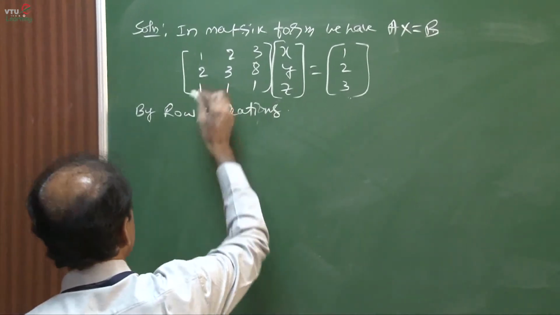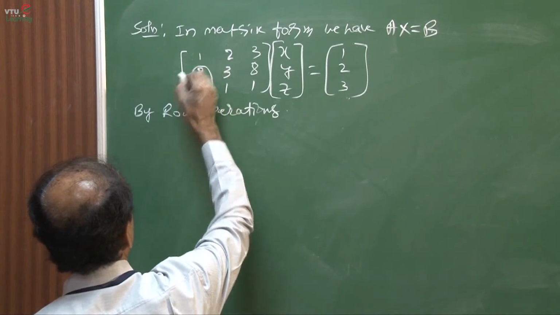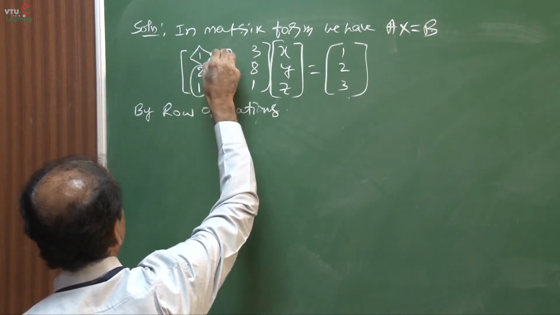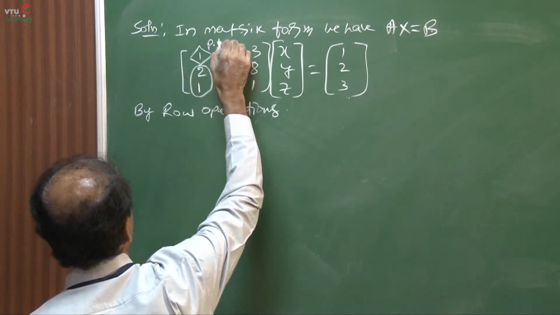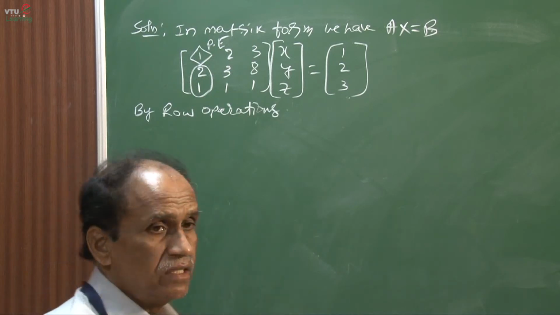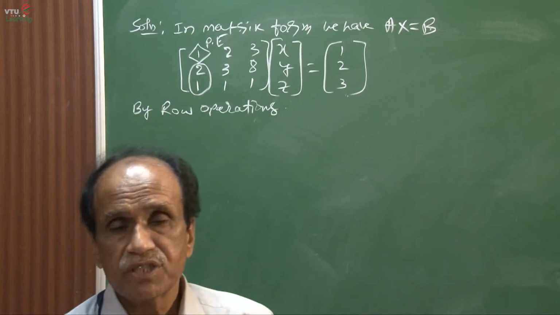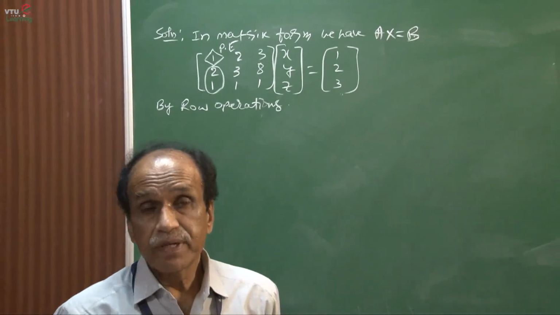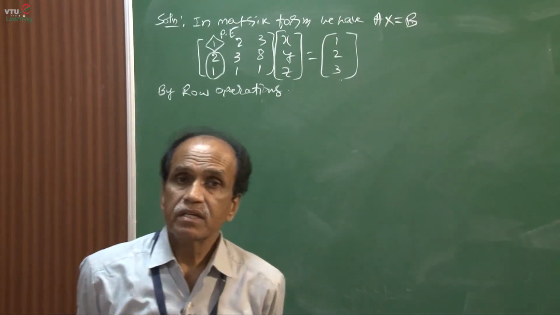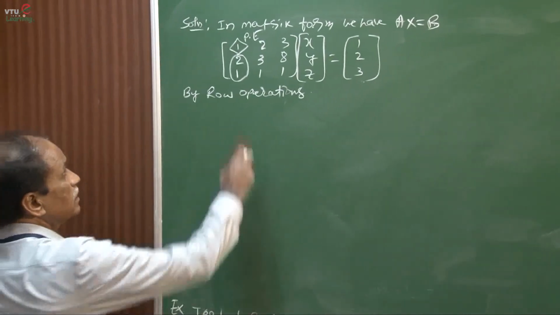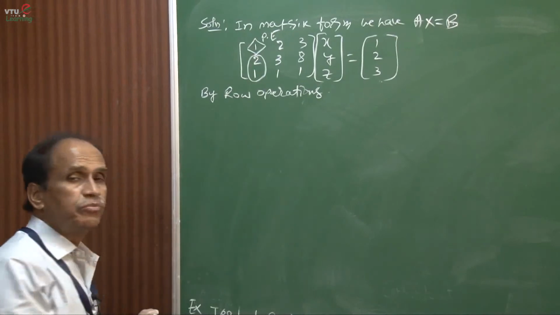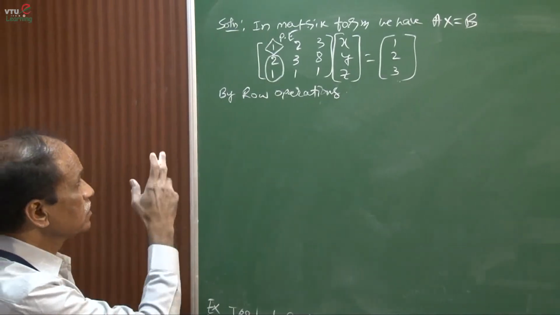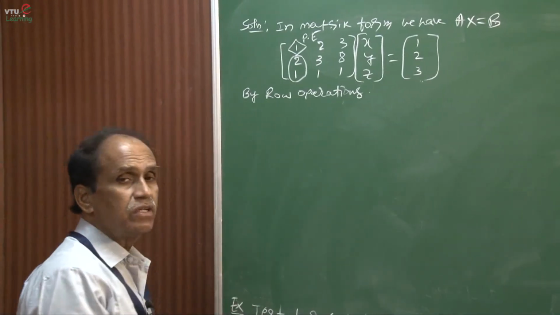By row operations, we make these two elements 0 with the help of this pivotal element. One basic observation which you have to think of: the pivotal element always should be a non-zero number. Here the pivotal element is 1, which is not equal to 0.